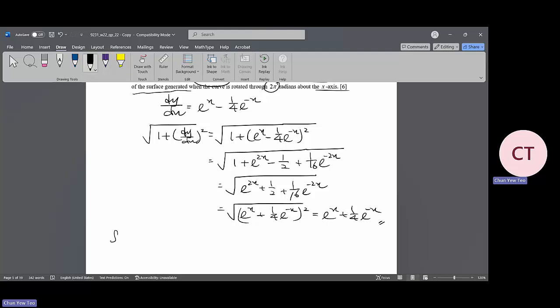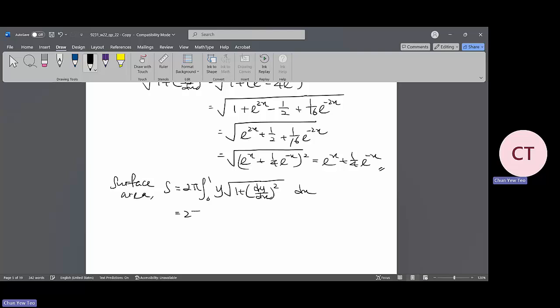Now your surface area S is equal to the integral of 2 pi from 0 to 1 of y times the square root of 1 plus (dy/dx) squared. We write down the formula first.